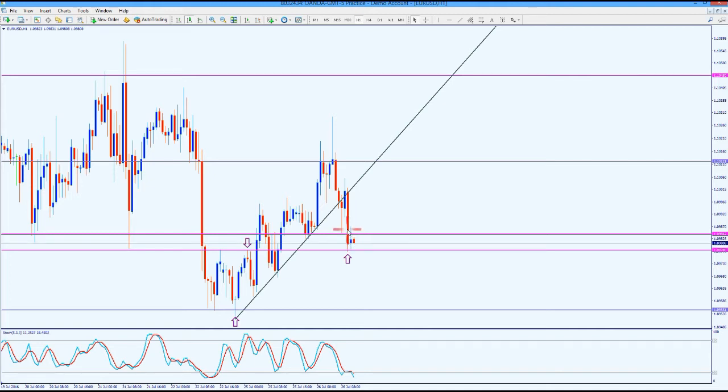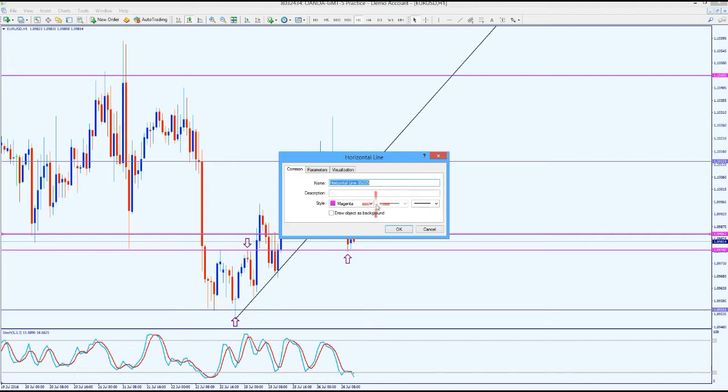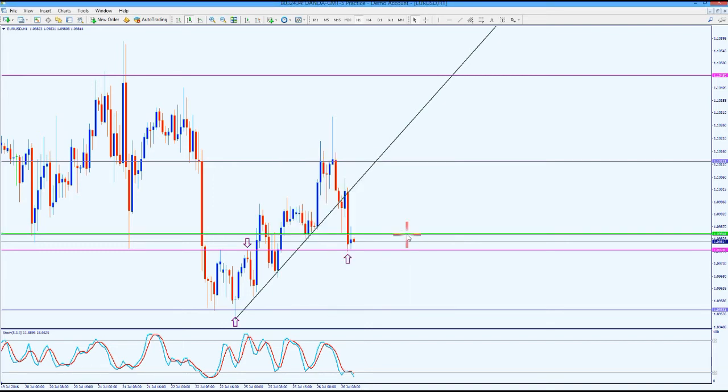It was already bouncing off of this line that I just drew. Let me change the color so you can understand which line I'm talking about. I hope it's clear. It was already bouncing on this line, but I waited because I wanted the hourly to be as close as possible to the closing time, which is at the full hour, obviously, because this is an hourly candlestick.